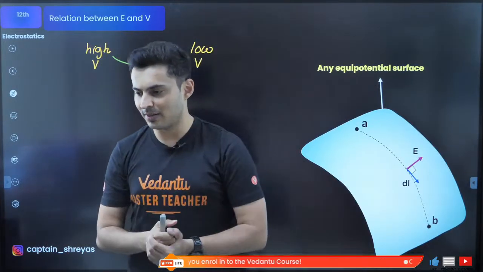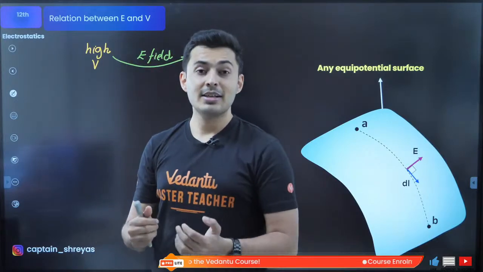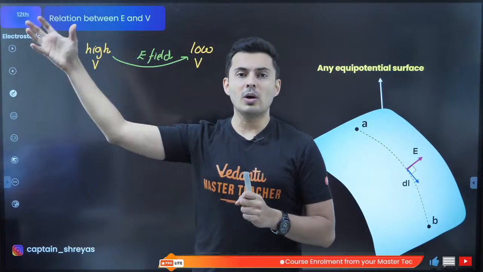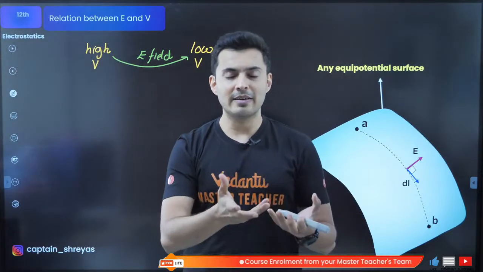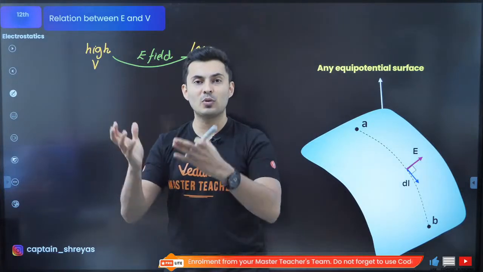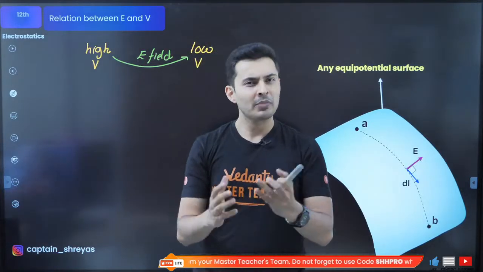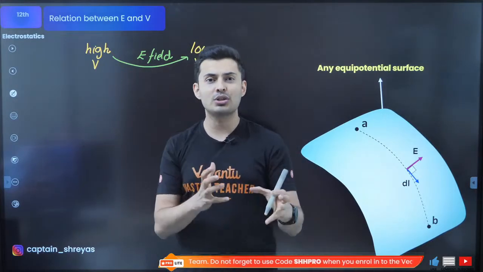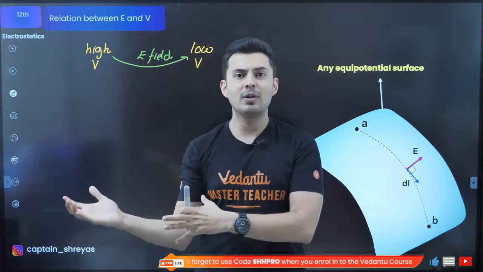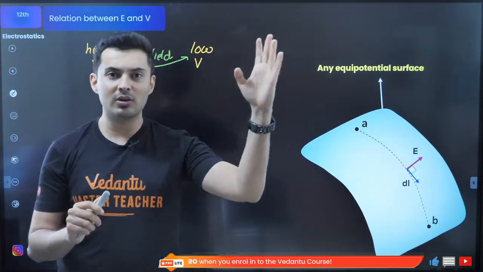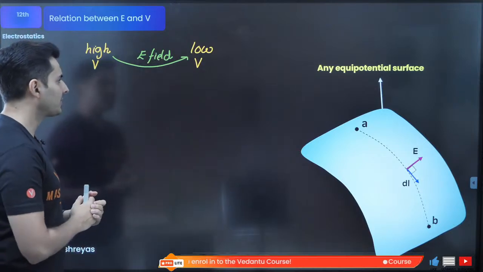Everybody should know this, that if I take a ball, it will always try to roll down some incline or a hill or from a surface. Everything in this universe wants to lower its potential energy. So does field. Field will always try to push the charge from higher potential to lower potential. That's a common thing across all the systems in the universe.